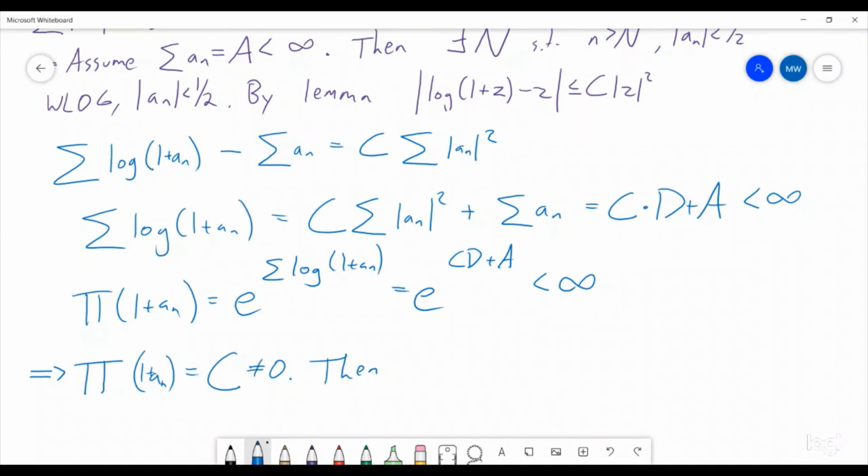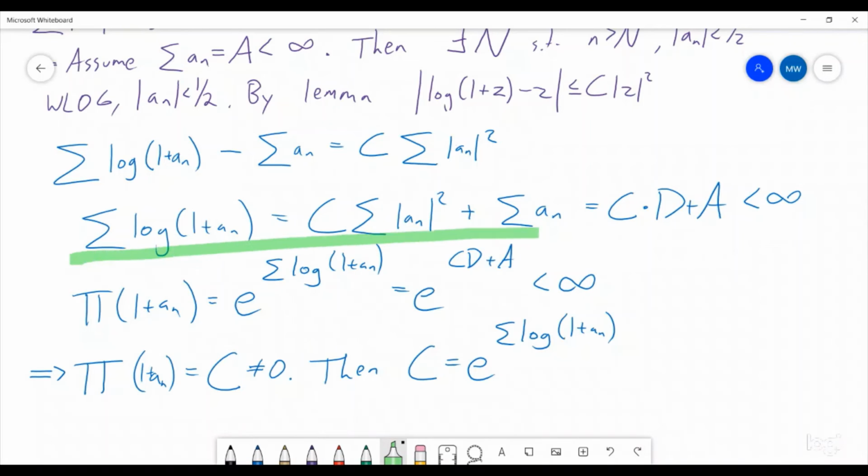So that means c equals e to the sum of the logarithms of the 1 plus a sub n's. And here's where we do pretty much the justification we had right here. By this same logic, we can replace that with stuff that we know and stuff we don't, and solve for that. That's going to give us the exact same sort of thing, just in reverse order.